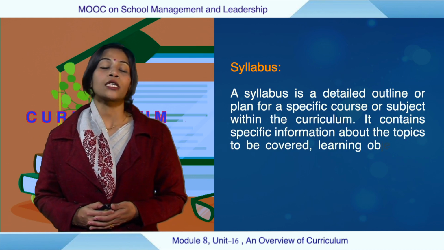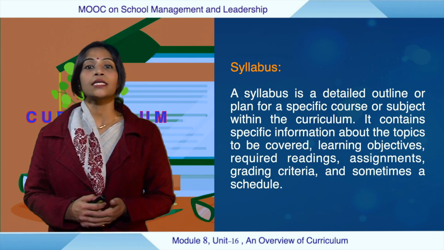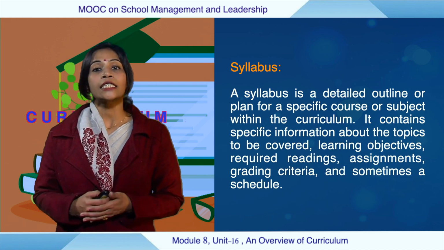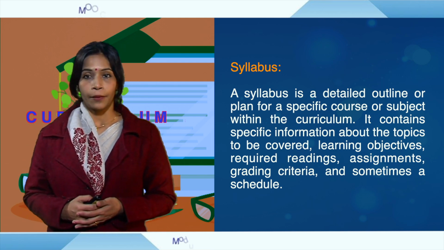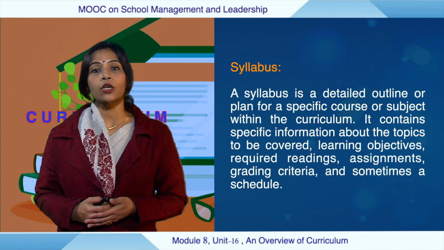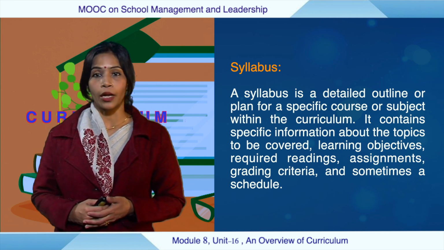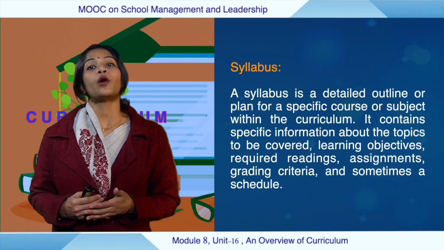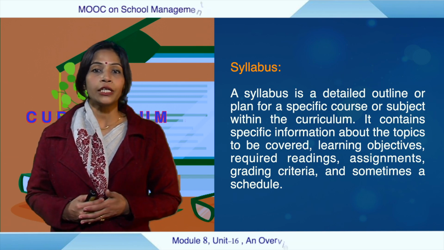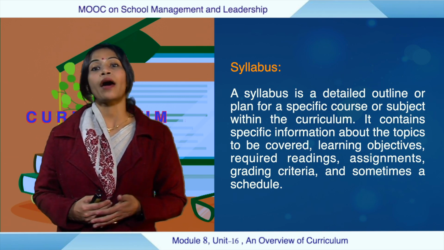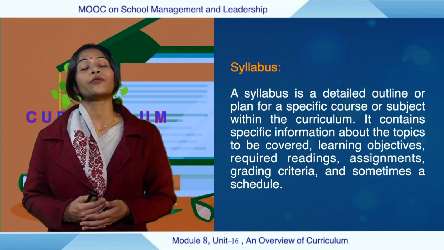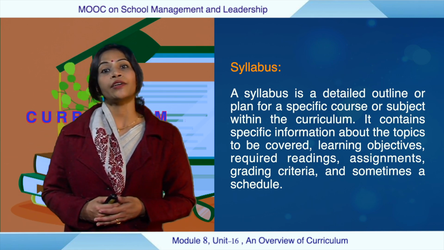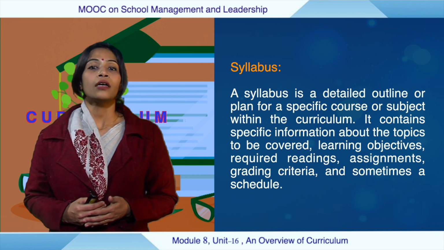So syllabus, if we see what is syllabus, it is a detailed outline or plan for a specific course or subject within the curriculum. It contains specific information about the topics to be covered, learning objectives, required readings, assignments, grading criteria, and sometimes a schedule.